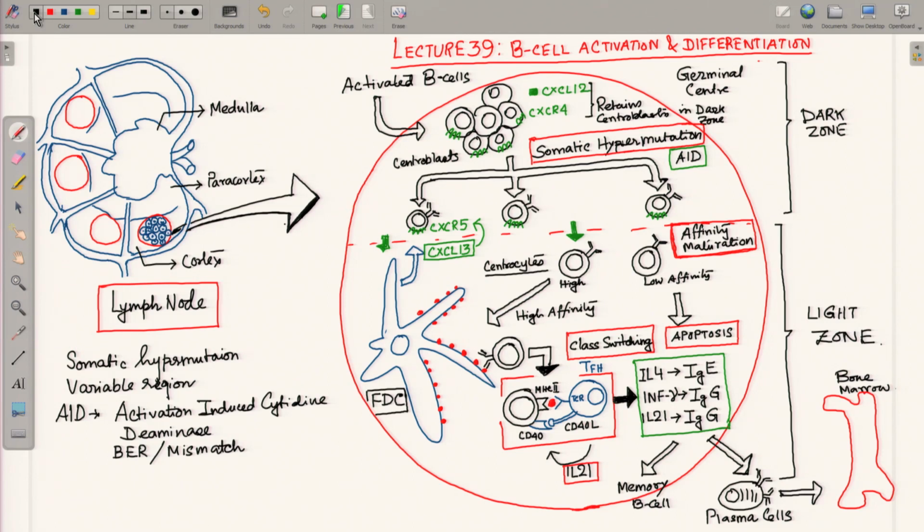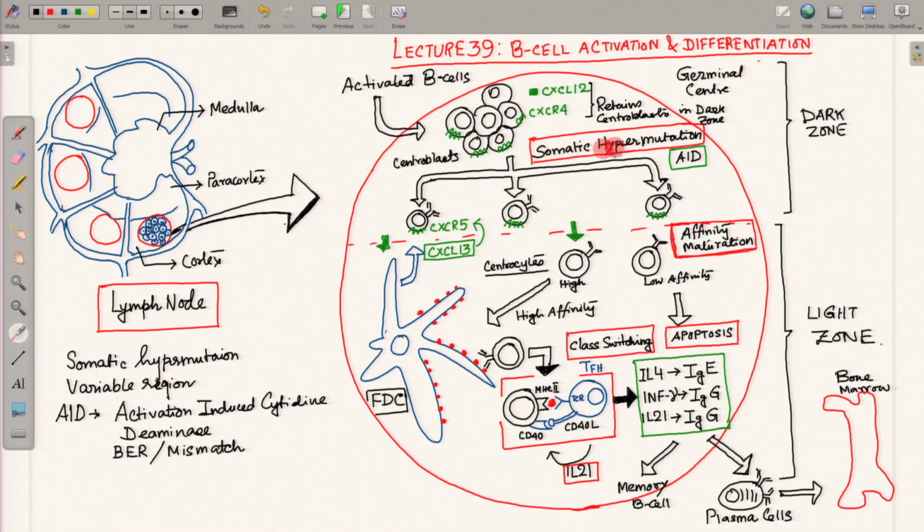In the dark zone, these centroblasts will start proliferating, and in this process they will start expressing an enzyme known as activation induced cytidine deaminase, which introduces point mutations in the variable regions, leading to a process called somatic hypermutation.